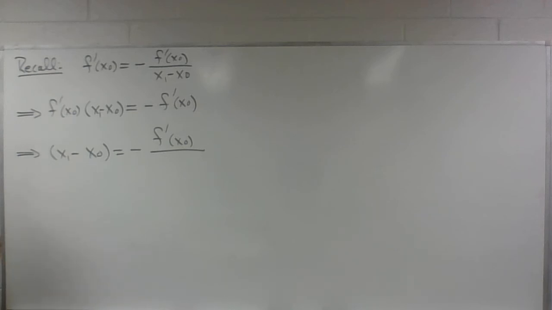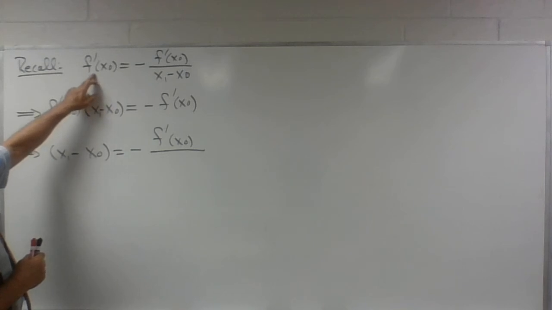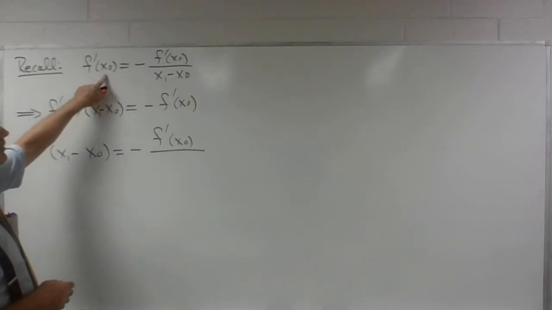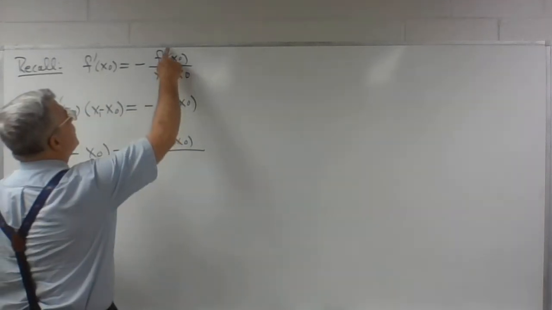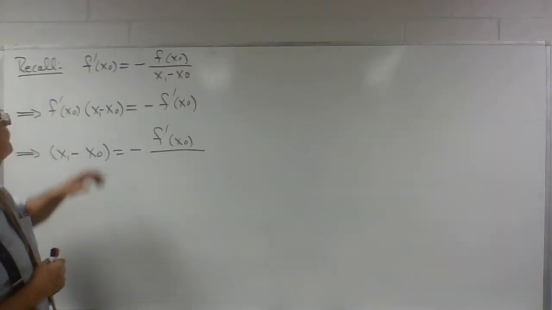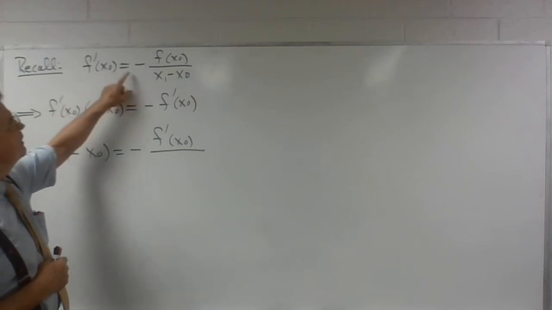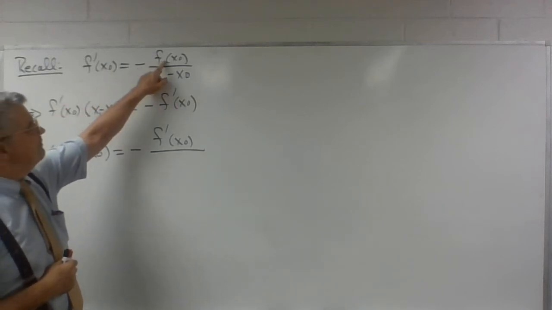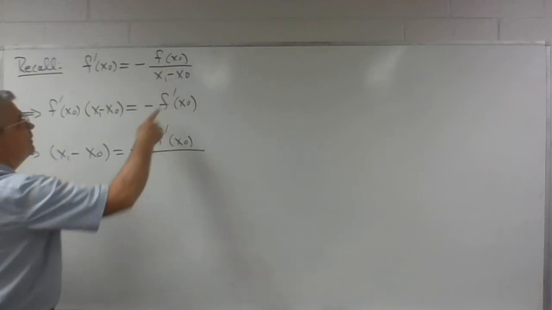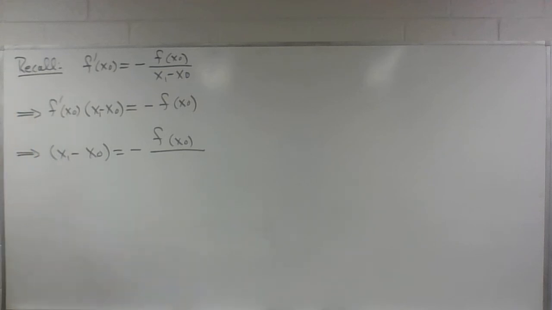Well, let's see. That's not exactly where we were. I wrote this down incorrectly. What this was, f prime of x naught equals negative f of x naught. Okay, that's better.